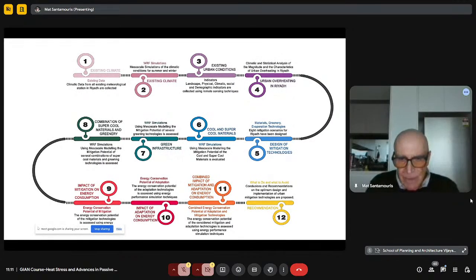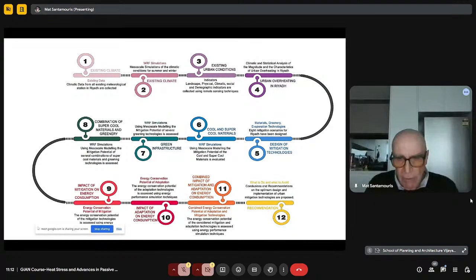And based on this, we have calculated for each one of the mitigation technologies considered the energy consumption for a very high number of buildings at the city scale. So understanding which is the potential for energy conservation because of the heat mitigation, and also the energy conservation because of the energy adaptation by using advanced adaptation technologies.